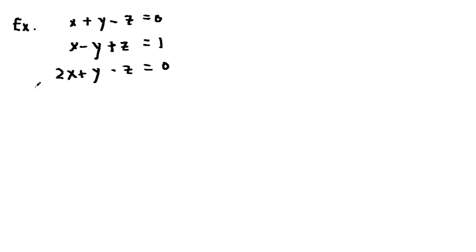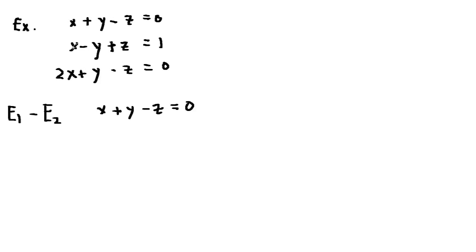Okay, let's look at the first two equations. If we take the first equation and subtract the second equation, we can get rid of that x term. So let's do e1 minus e2. Okay, so let's rewrite the first equation. And here we're going to take the first equation and subtract the second equation.